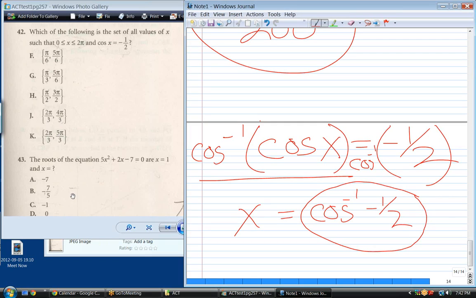Do you know how to put your calculator in radian mode as opposed to degree mode? Okay, put it in radian mode, and then look up the inverse cosine of negative 1/2. What does it tell you?